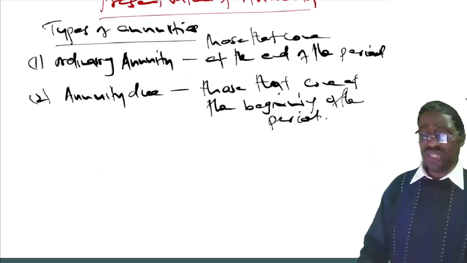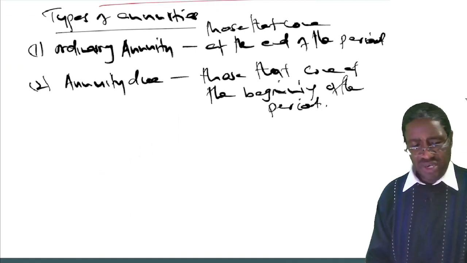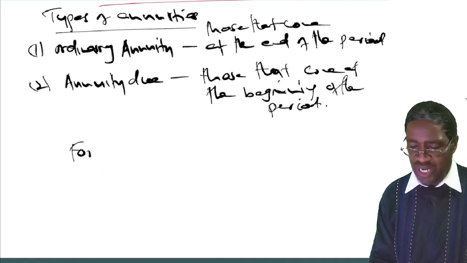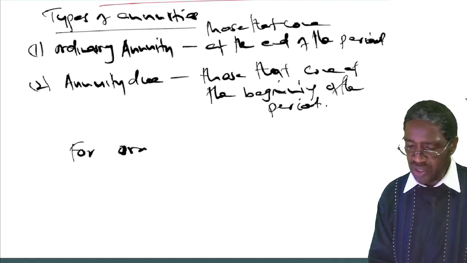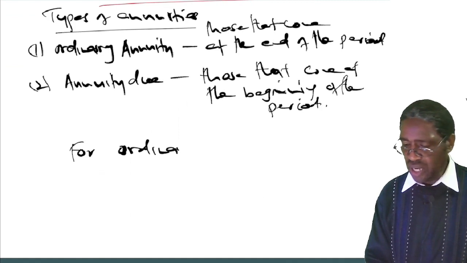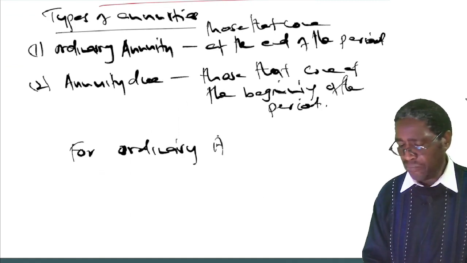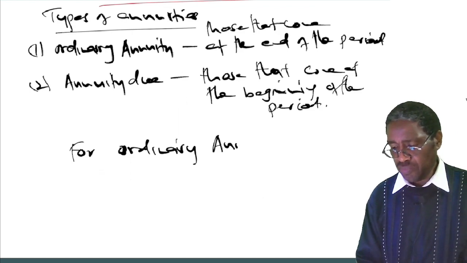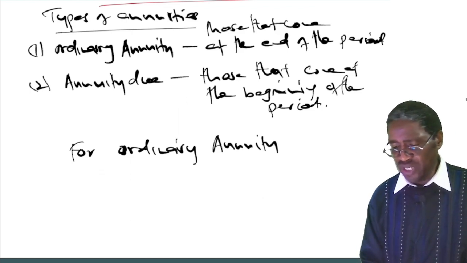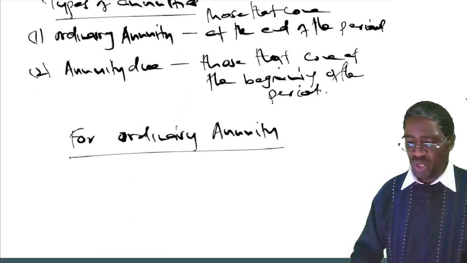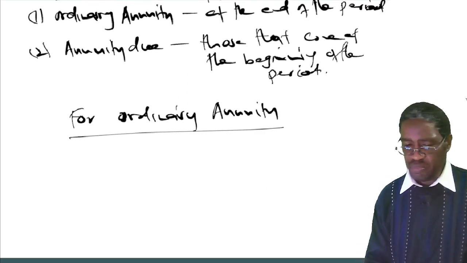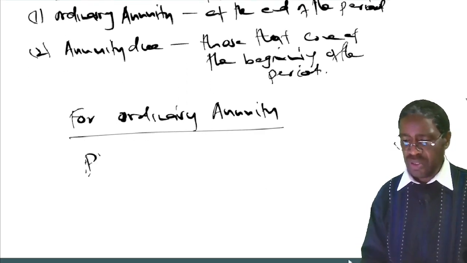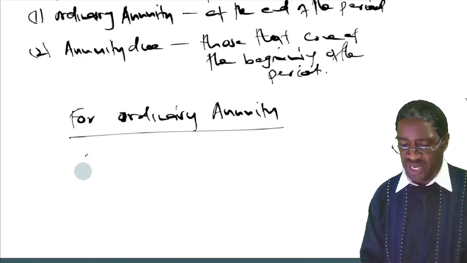Now we can quote the two formulas. Then you can say there, for ordinary annuity, we have said the formula would be: what is the present value?